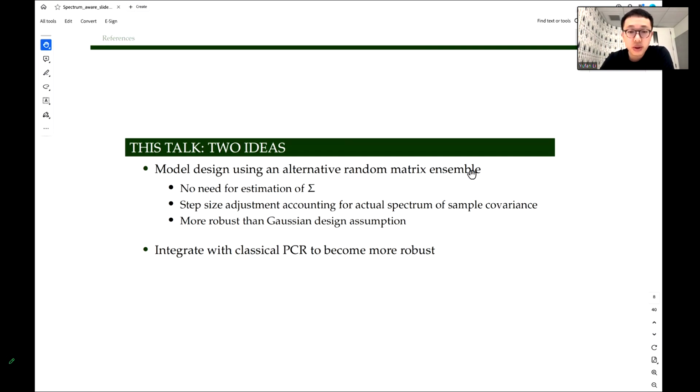We use this alternative random matrix ensemble in the hope that we no longer have to estimate sigma, and the adjustment can account for the spectral characteristics of the data and be more robust than the Gaussian design assumption. And the second idea is to integrate with the classical PCR to make a more robust debiasing method.